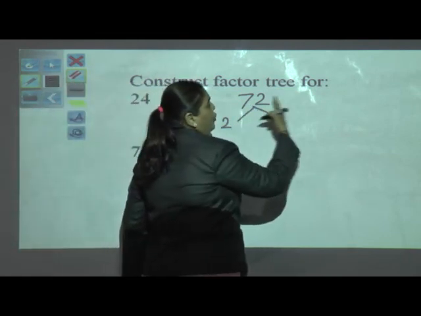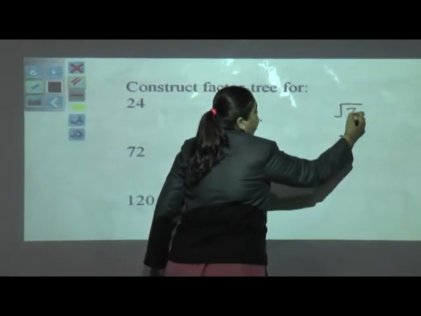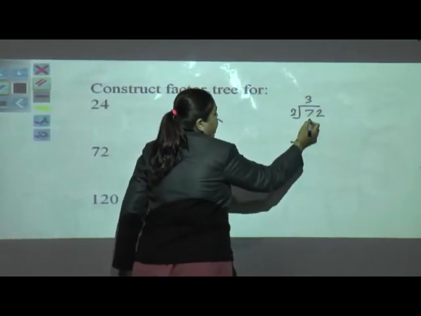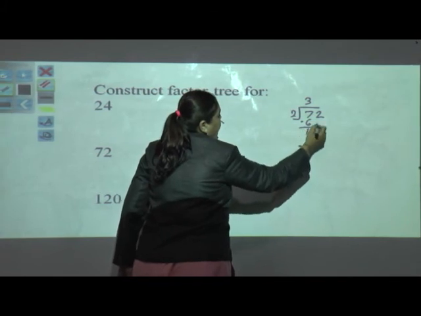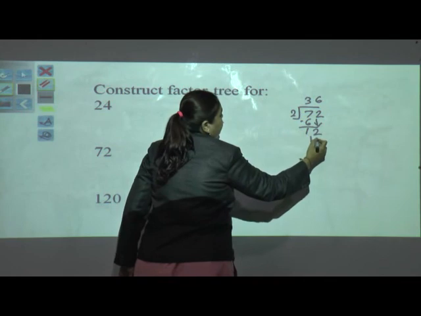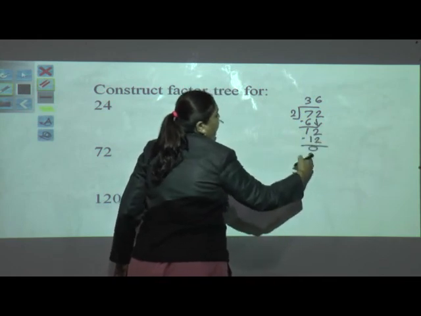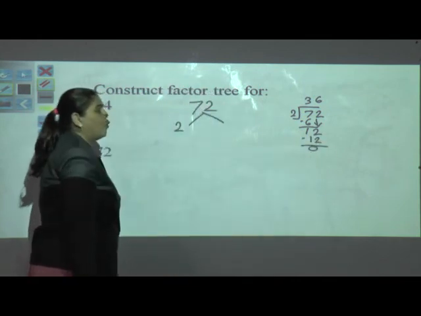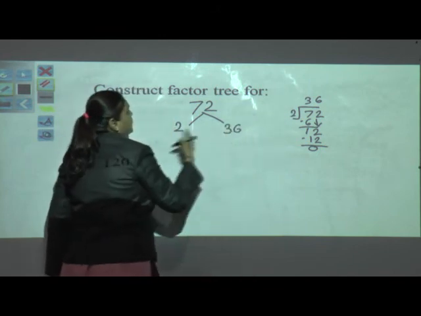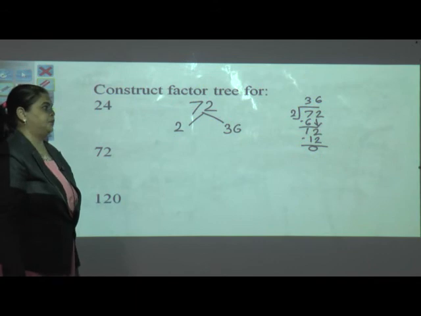If you don't know, you can do it practically, 72 divided by 2. 2 3s are 6, here is 1, get 2 down, so 2 6s are 12. I told you it will leave the remainder as 0. What we get in the quotient should be written here, so it is 36, 36 2s is 72.